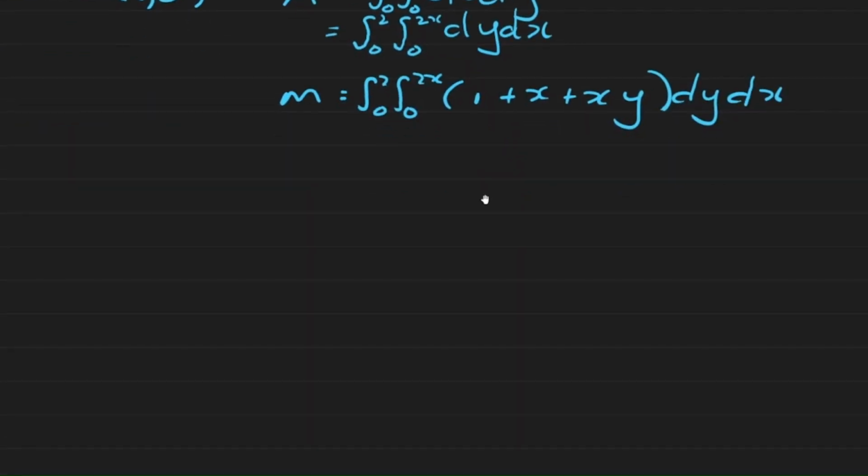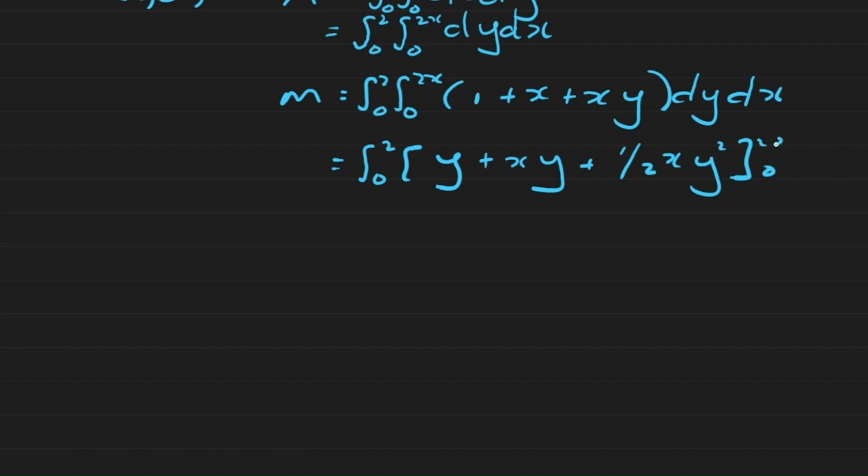So integrating that, firstly with respect to y, what we would get is, firstly, we just write the outer integral as is, and what we're left with is y plus xy plus a half xy squared. And this is integrated from 0 to 2x. When we substitute in our boundaries, it's going from 0 to 2x.